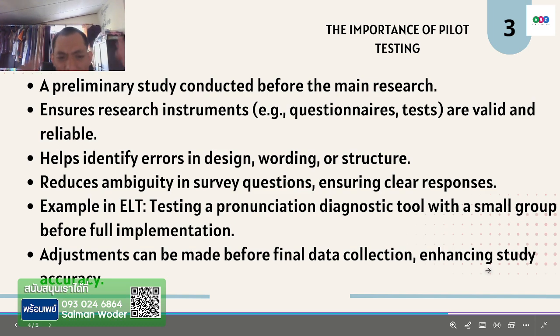In ELT research, pilot testing is particularly important because language learning and teaching are complex human processes influenced by numerous factors, and pilot testing can help ensure that language tests are at appropriate difficulty level for the target learners, that interview questions are culturally sensitive and elicit meaningful responses, and that classroom interventions are practical and feasible in real-world education settings.